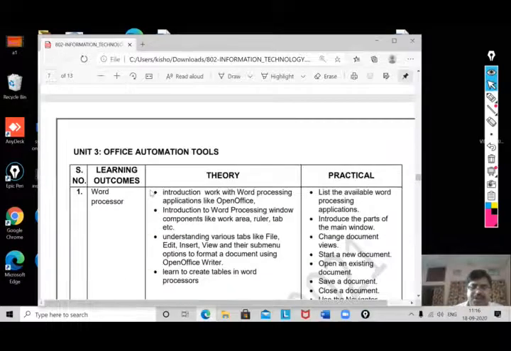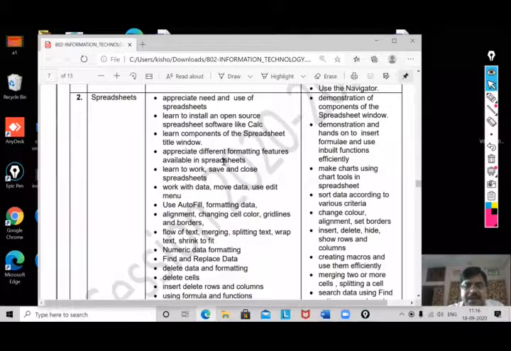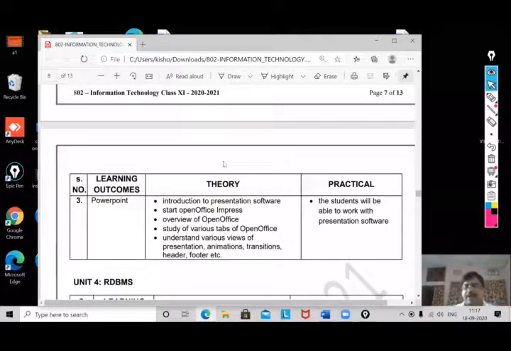Now, in unit 3, it is office automation tools. In this, you will know about word processing, spreadsheet, and PowerPoint. Yes, I hope you all know about these three parts. First one, Word, but we are going to work on OpenOffice.